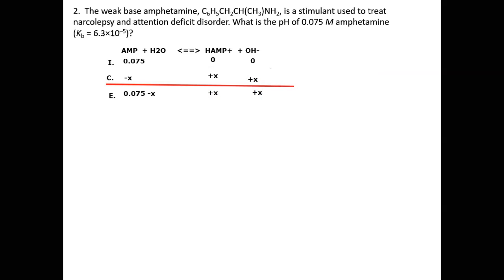Now notice here the Kb is a lot smaller than the initial concentration, so we can negate this minus x, and then we get 6.3 e to the negative 5 equals x squared divided by 0.075.